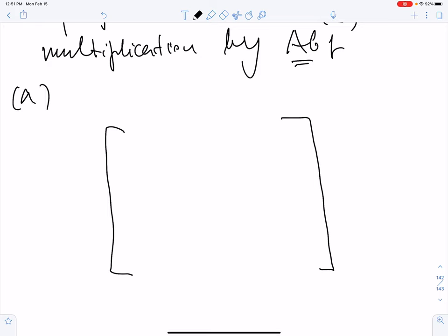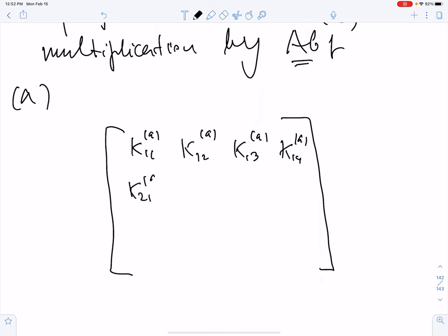Let's look at the stiffness matrix for element A, and let me write it in the general way. It will be some entry K11, K12, K13, and K14. K21, K22, K23, K24.